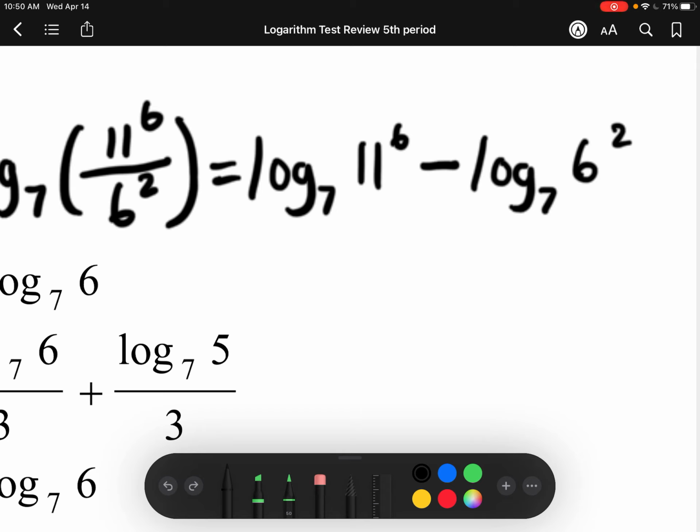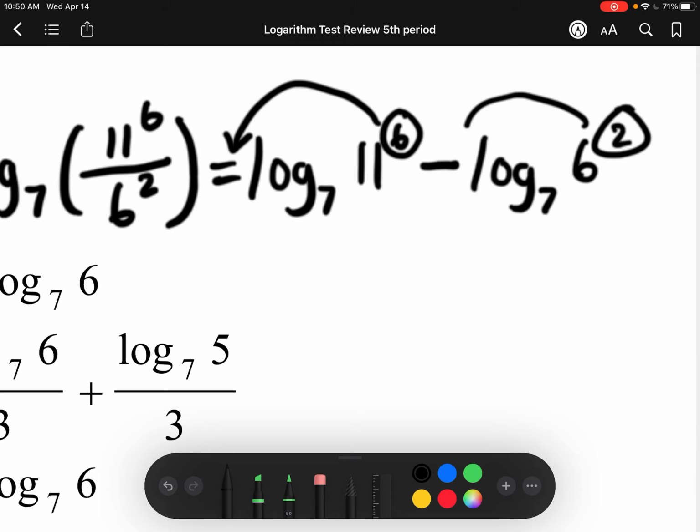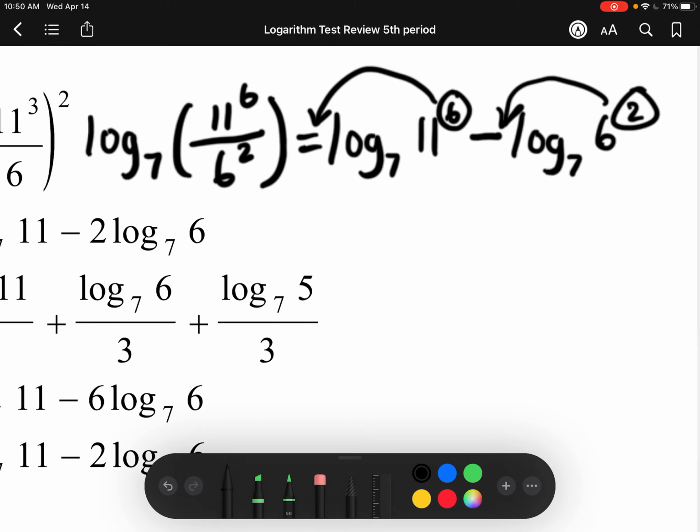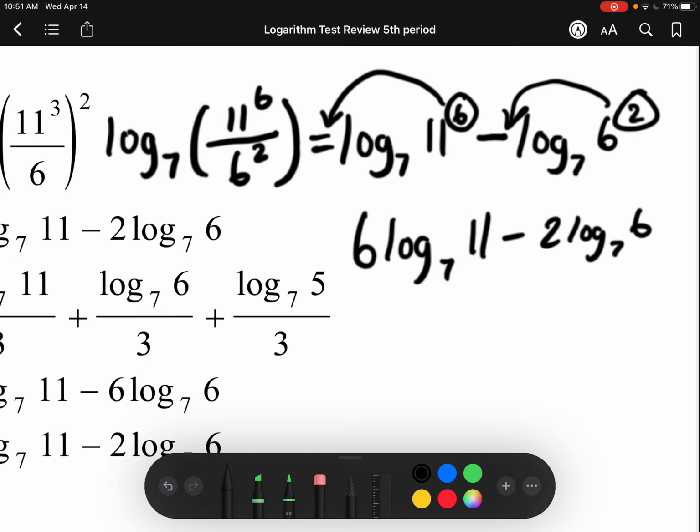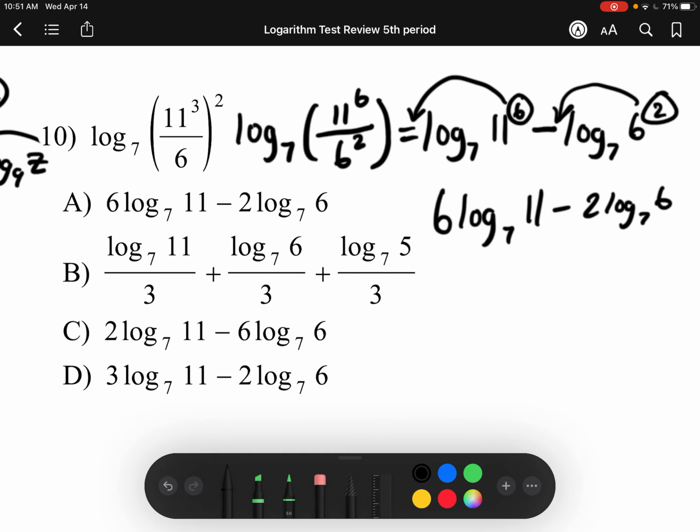So now we can expand further by moving these exponents to the front of the respective logarithm, right? So this is going to be 6 log base 7 of 11 minus 2 log base 7 of 6, which is answer A.